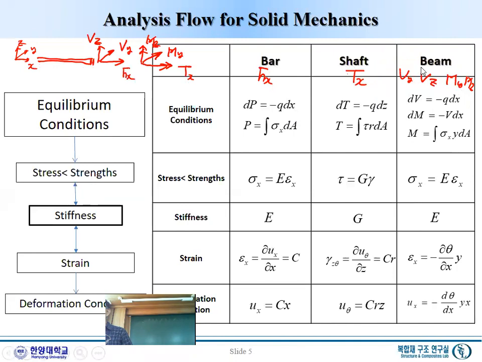But what makes bar, shaft and beam different? The difference is what kind of load each member carries. At the end or in the middle, there can be 3 forces and 3 moments, right? So 3 forces and 3 moments, 6 components of force are carried by each section.